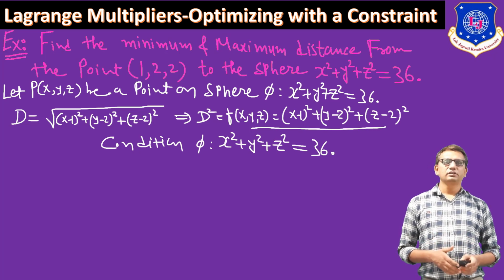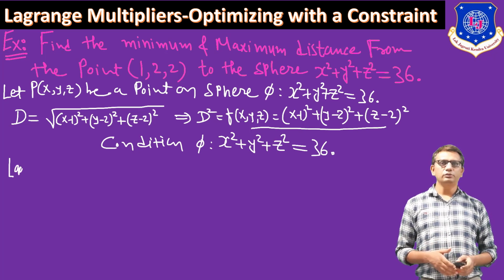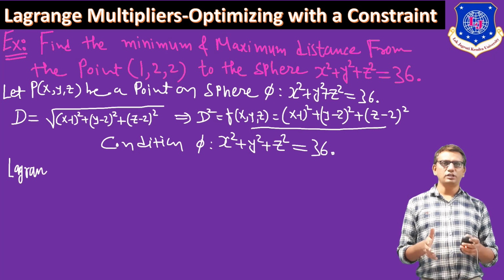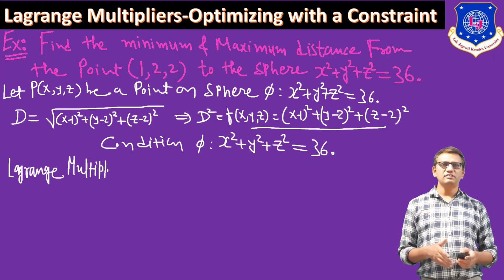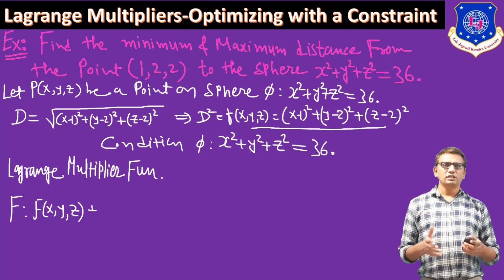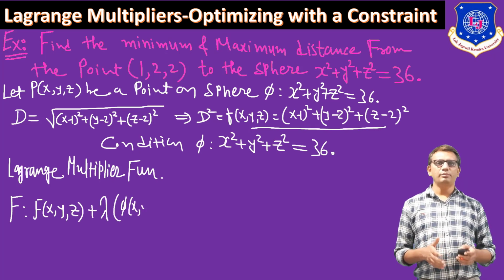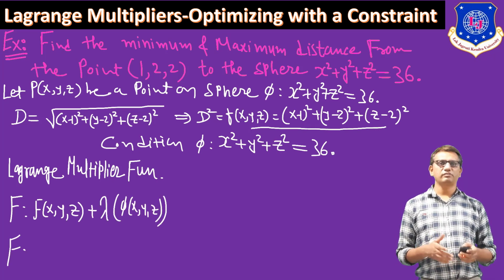So finally, we calculate the new Lagrange's multiplier function for this type of function. When a condition is given, we use the Lagrange's multiplier function, a new function denoted as F equal to f of xyz plus lambda into the condition, which is phi of xyz.